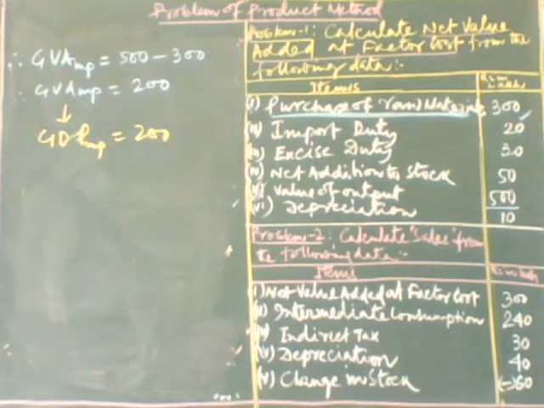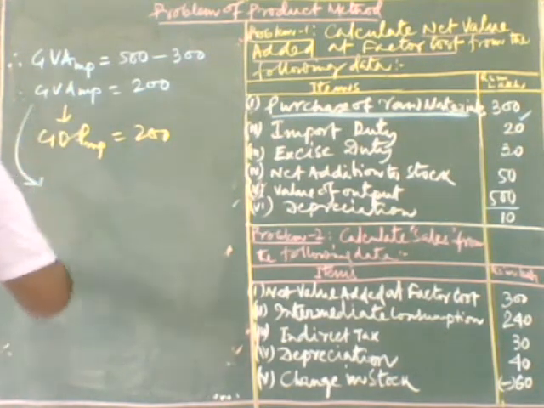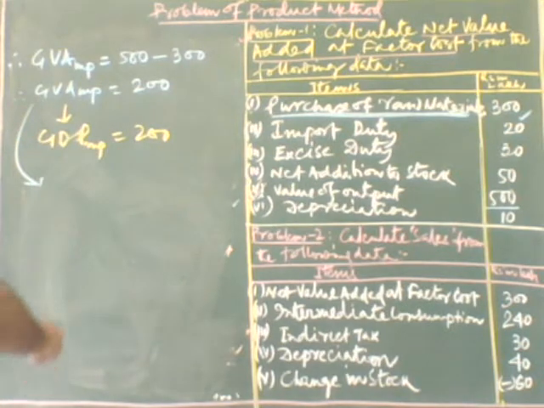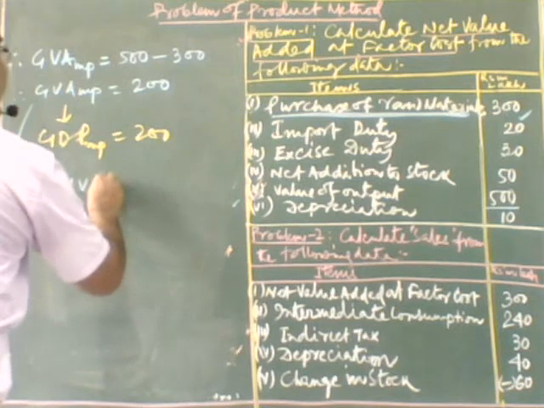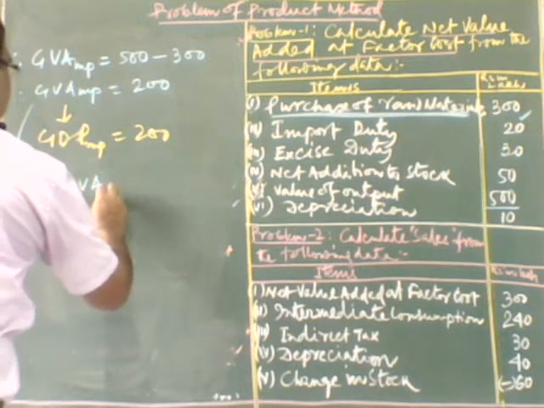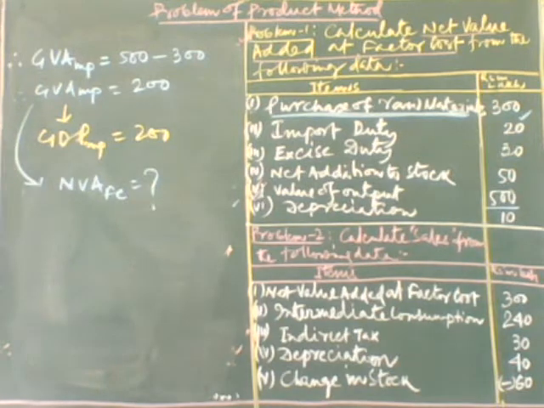From this GVA, we have to calculate the value of NVA at factor cost. NVA is equal to question mark.